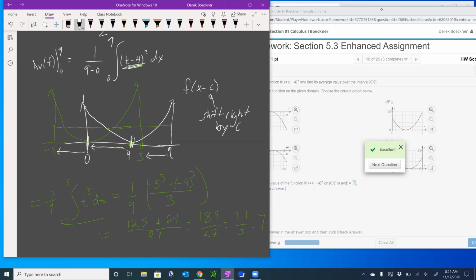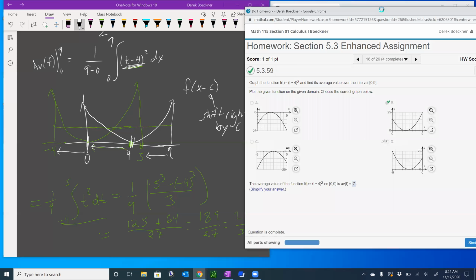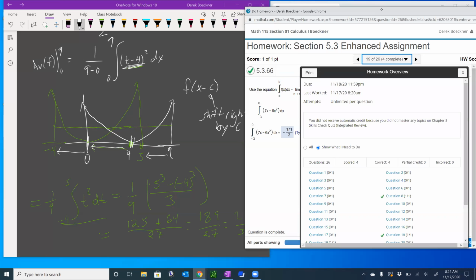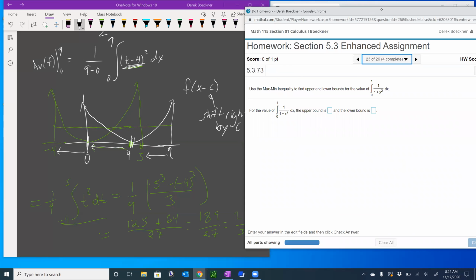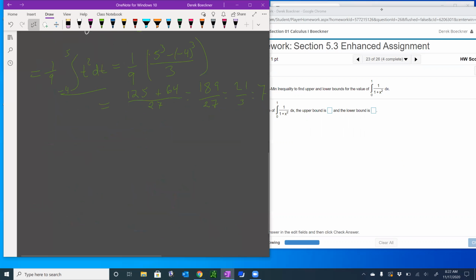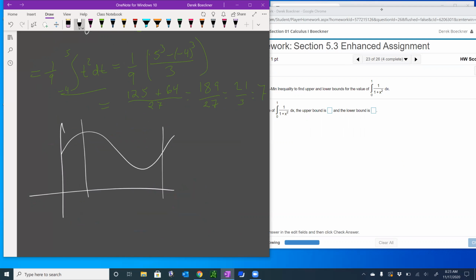Other questions we have today? Oh, so one of the things we wrote down the other day was that if you find the maximum value over the interval, so the picture is you've got a function and you want to find the area under the curve.